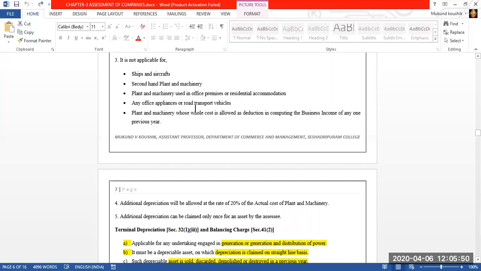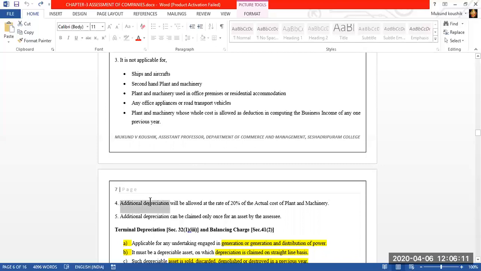Any other office appliances or road transport vehicles are also excluded. See, it is very simple. It is applicable only on those assets or plant and machinery which are used for production or manufacturing of certain goods or commodities. Simple.